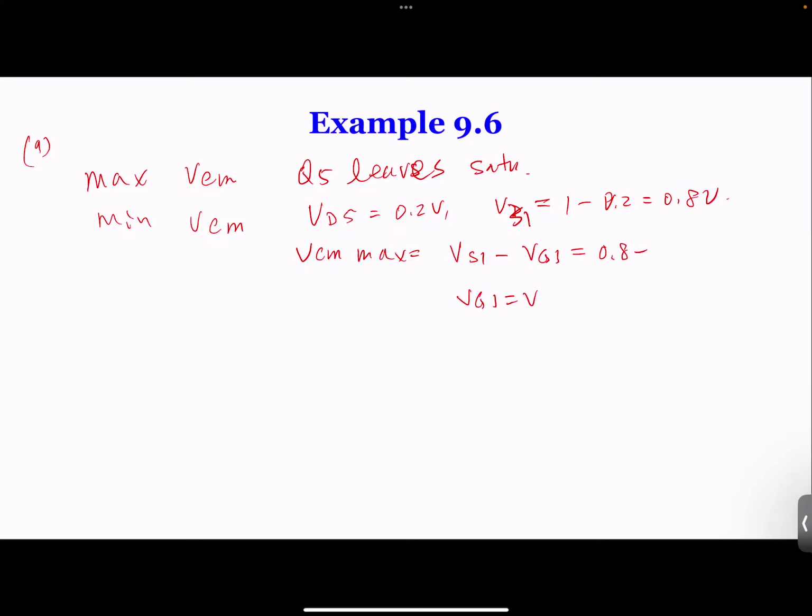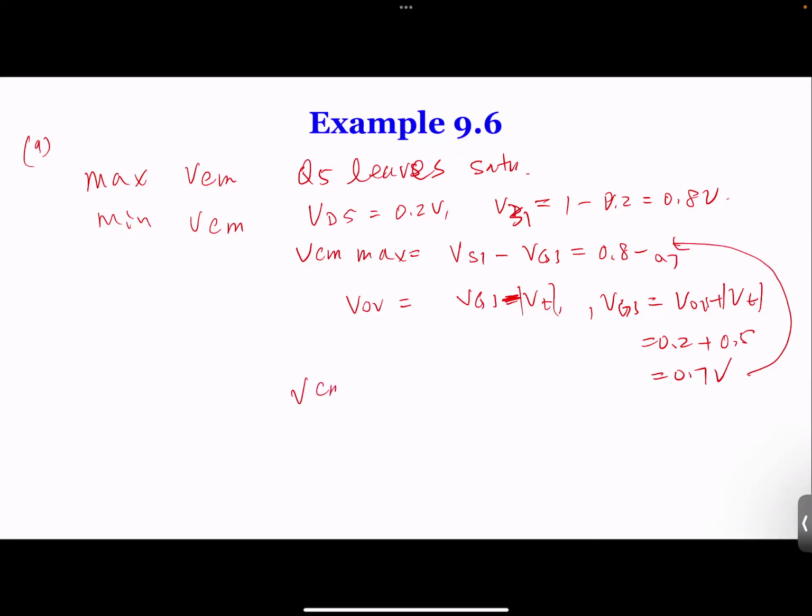So let's do it this way. VOV is VGS minus VT, fine. So VGS is going to be VOV plus VT, and VOV is 0.2 and VT is 0.5, so we get 0.7 volts. Now we plug in this number here, 0.7. So we get VCM max equal to 0.8 minus 0.7, equal to 0.1 volt.